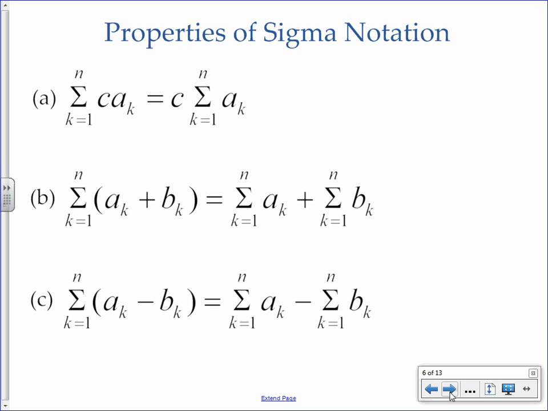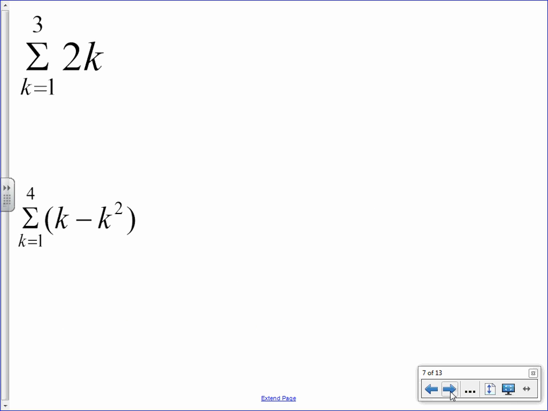So how can we use these properties? Well, if you have the sum from k equals 1 to 3 of 2k, that is the same thing as 2 times the sum from k equals 1 to 3 of k.